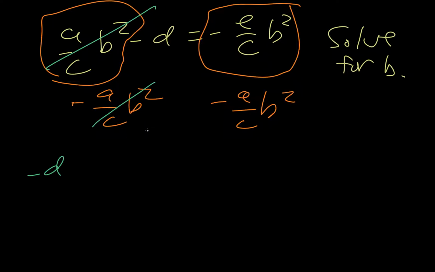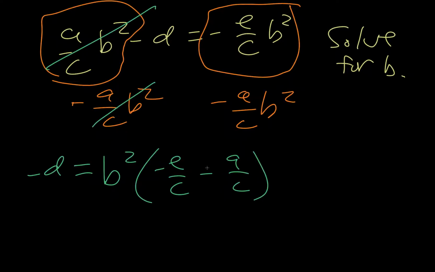We can just write them next to each other and factor out a b squared, or we can think of it like this. This is an alternate way to think of it. So we know we have a b squared, and then we can just write the other stuff next to it. So negative e c minus a over c, like that.